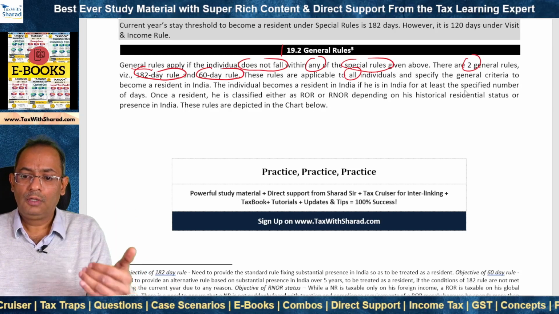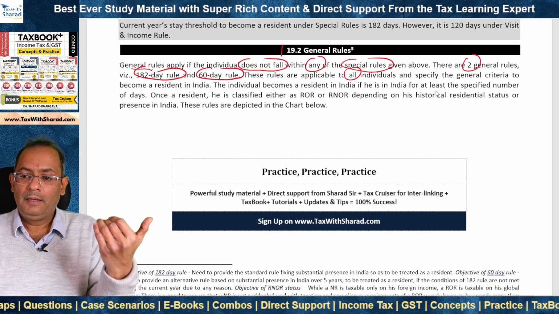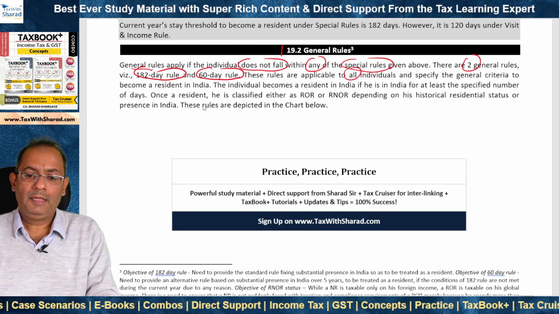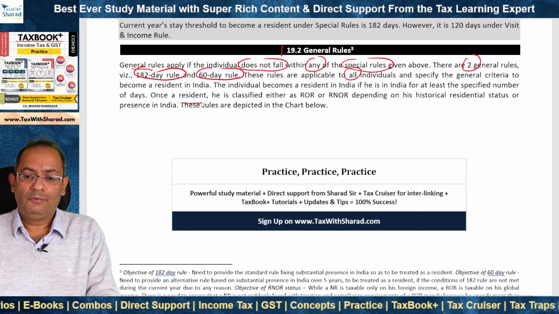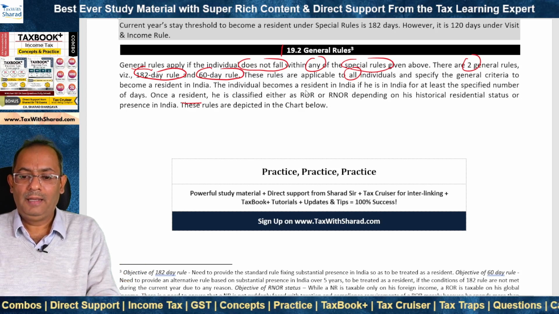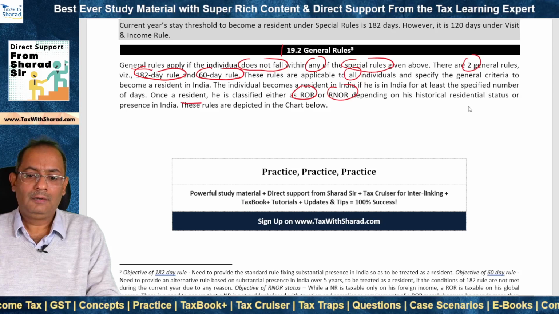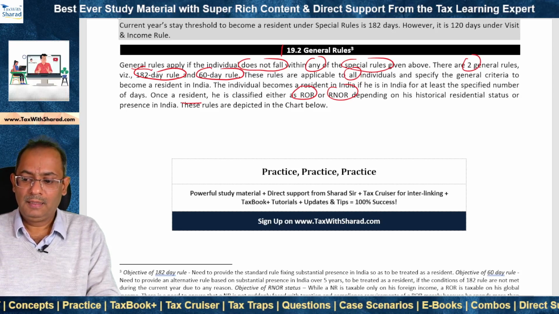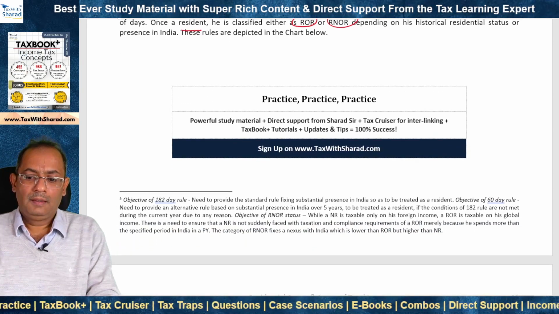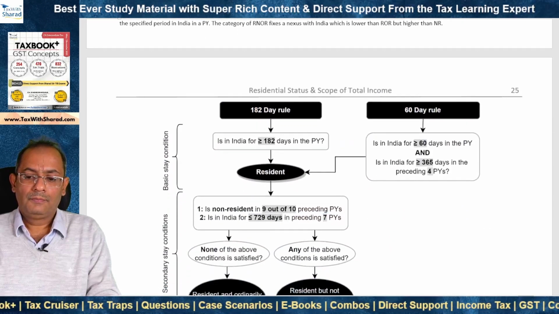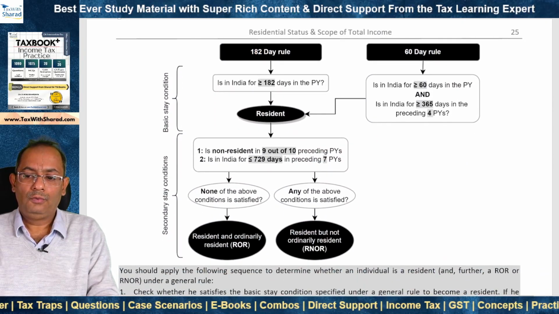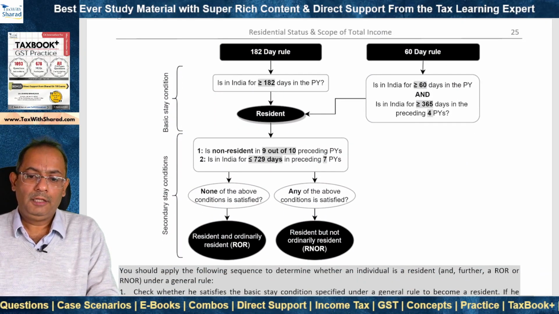And there is a threshold. So if the individual is in India for at least the specified number of days, he becomes a resident. Once a resident, he can be classified as a ROR or RNOR, depending on his historical residential status or presence in India. Let's see what the general rules are. So there are two general rules, the 182-day rule and the 60-day rule.